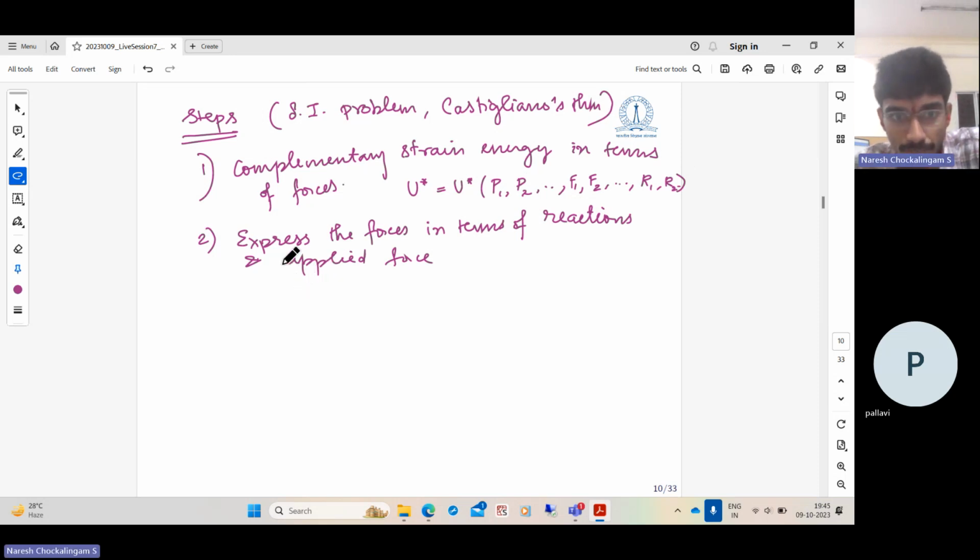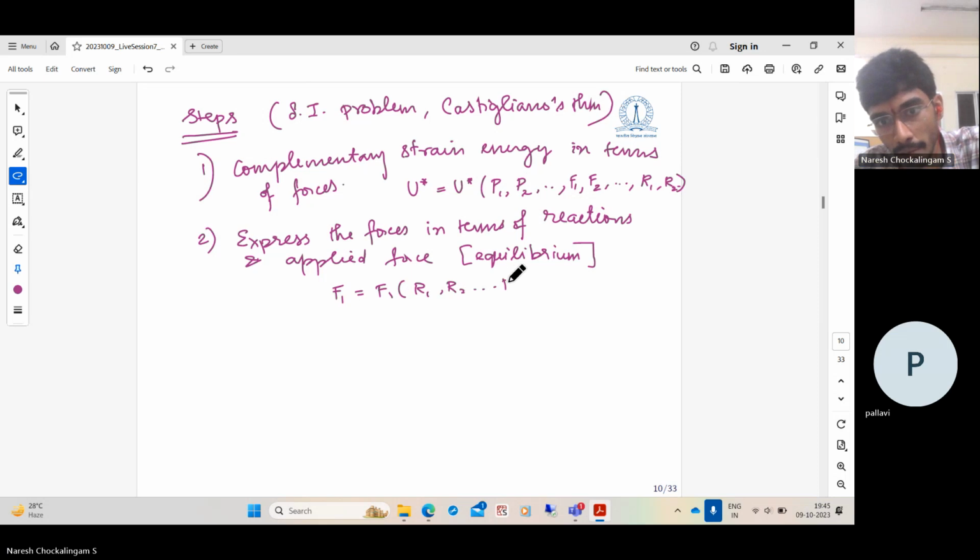The next step is to express the forces in terms of the reactions and the applied force. How? Use the equilibrium equations. So the degree of static indeterminacy is Ns. There will be Ns support reactions in excess. So I express the others in terms of that. So you get, say, F1 is equal to F1 of R1, R2, P1, and so on.